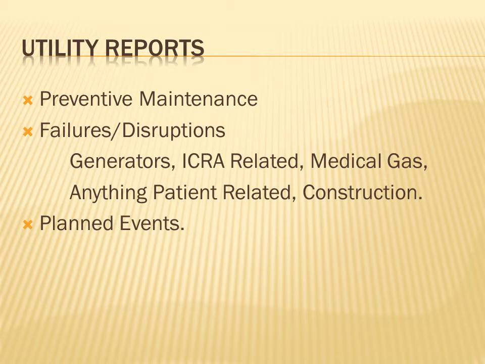Again, whenever we have a planned outage or disruption, or we are looking to make some kind of a transition in a utility system, we would want to include that inside of our utility report. So while this looks fairly straightforward, there's a lot of data and a lot of information and a lot of work orders and a lot of preventive maintenance that goes into our utility reports.